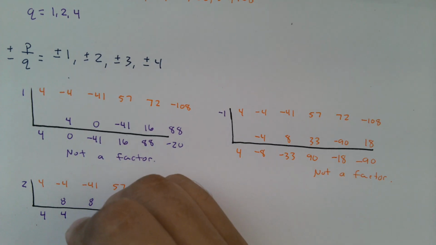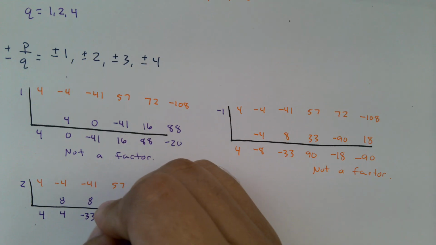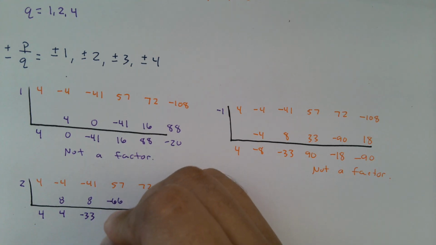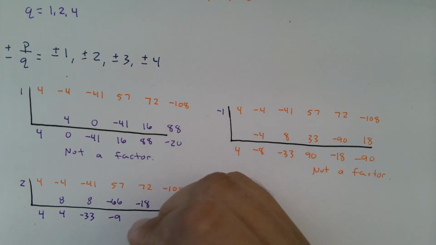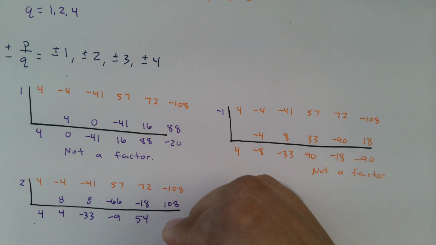Negative 41 plus 8 is negative 33. 2 times negative 33 is negative 66. 57 minus 66 is negative 9. 2 times negative 9 is negative 18. 72 minus 18 is 54. 54 times 2 is 108. And negative 108 plus 108 is 0.